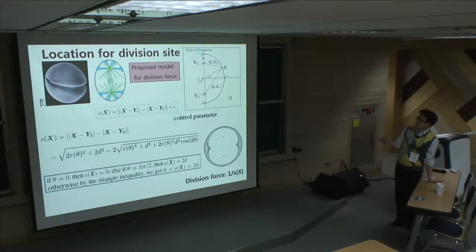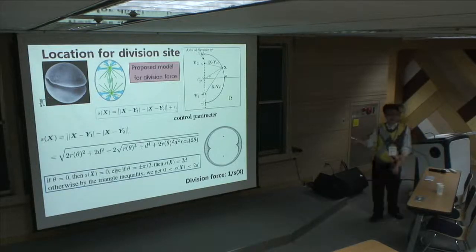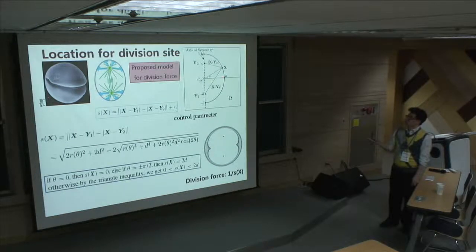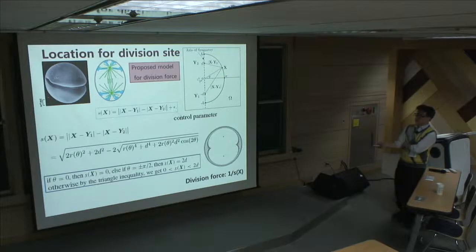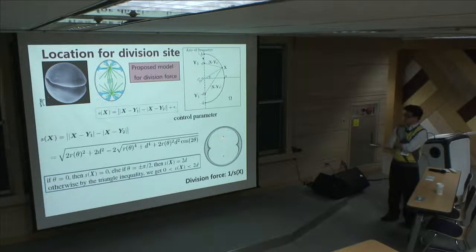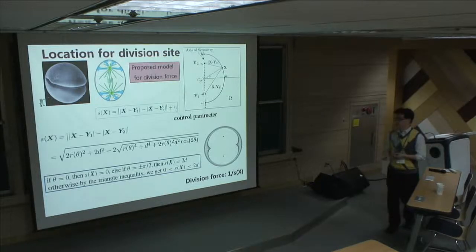From the cell membrane, we find the distances, take the difference of two distances, and then the reciprocal. So we choose the force to be reciprocal, which means the contracting force is strongest at the equator location and smallest in the pole region. This illustrates that contracting force. These two points are the source locations, and that is the equatorial position, where we have a very strong contracting force.